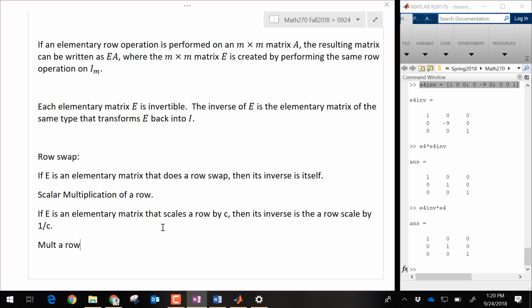It has to be in the same row. So multiply row.